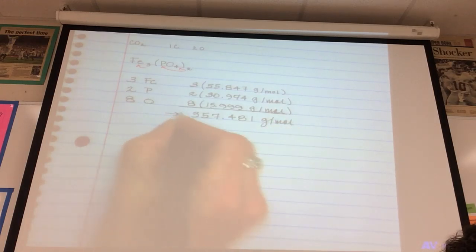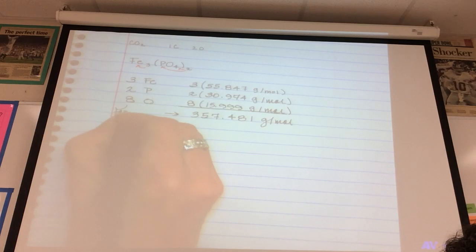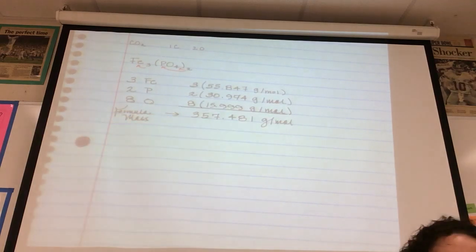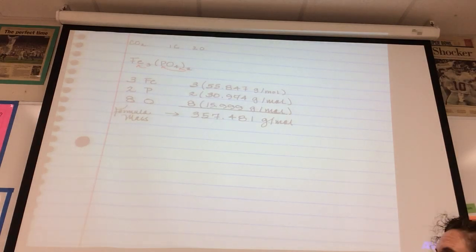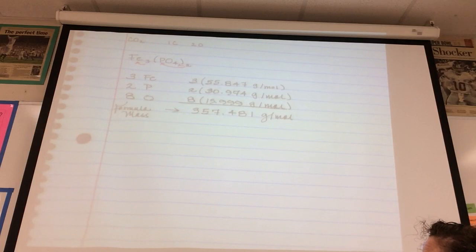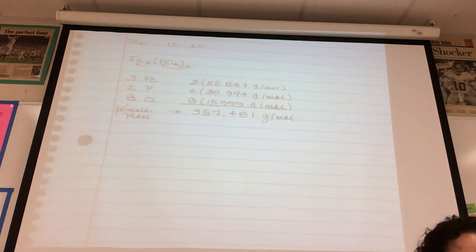And that is going to be the formula mass for iron 2 phosphate. Pretty straightforward, but you have to be able to write chemical formulas.